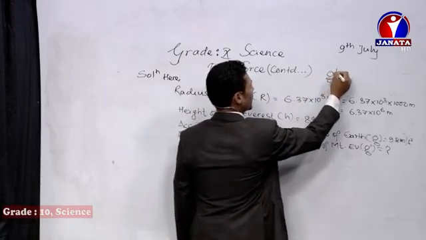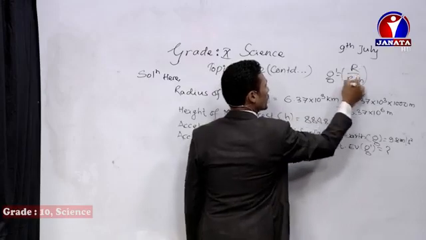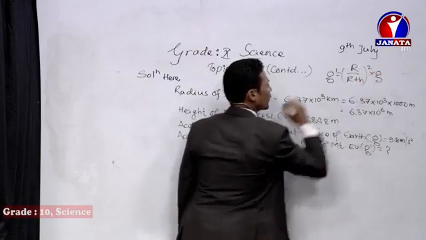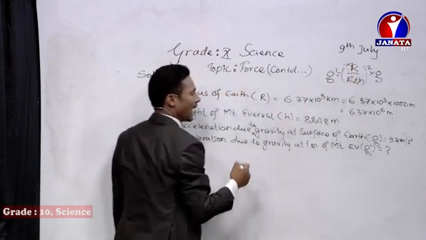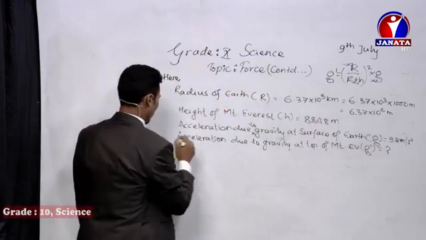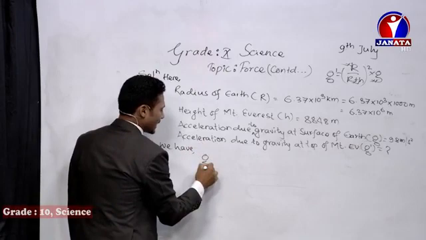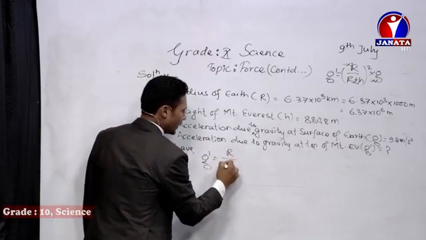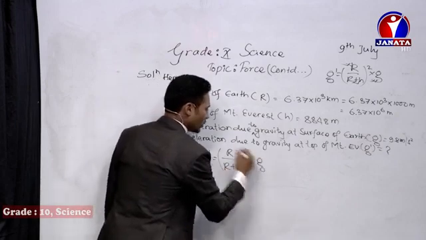This g dash equals R by R plus h, to the whole square, into g. This formula is suitable because radius is given over there, height is also mentioned, and g is also given. So we use that formula. So we have g dash equals R by R plus h to the whole square into g.